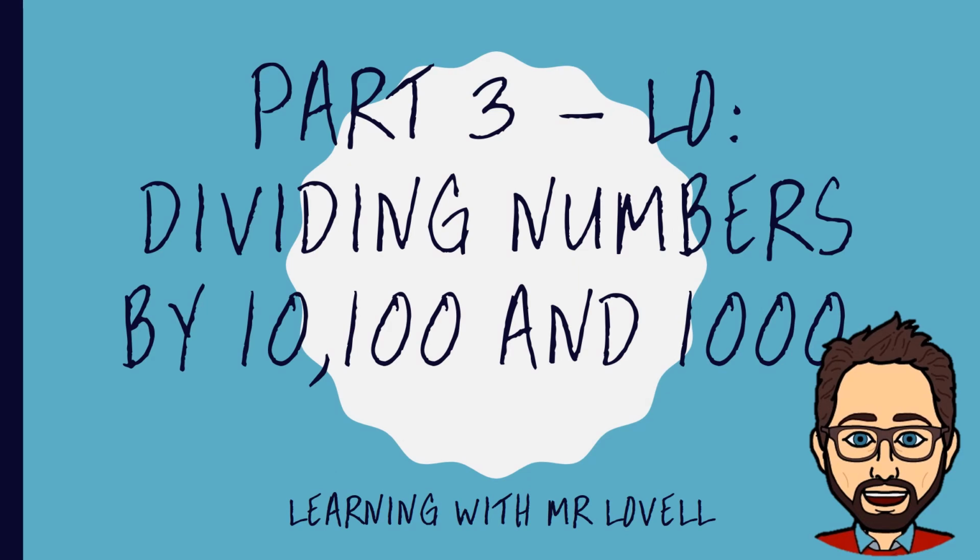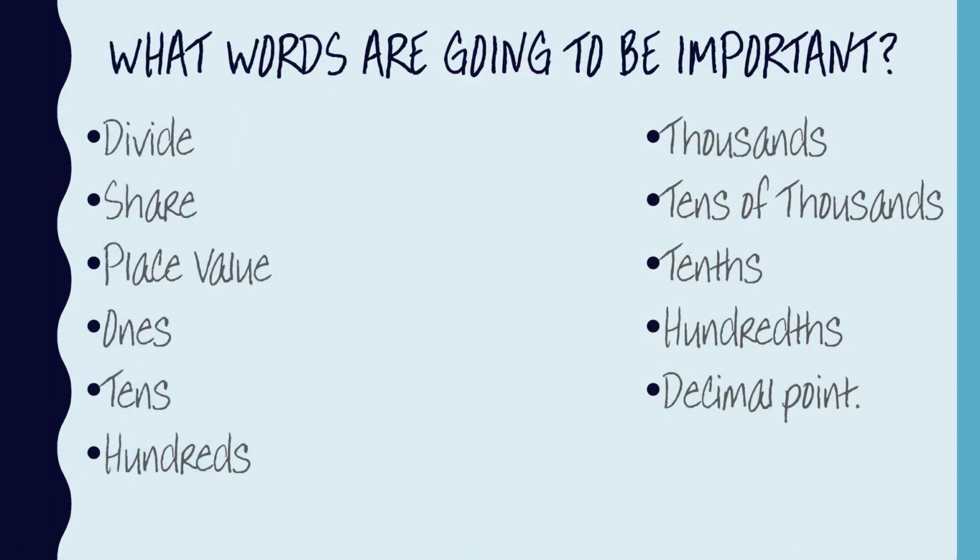Part number 3, the important part of the lesson, focusing on dividing numbers by 10, 100 and 1000. So what words are going to be important? What words are we going to be using here? We might be using divide and share, because the word divide just means to share something out.